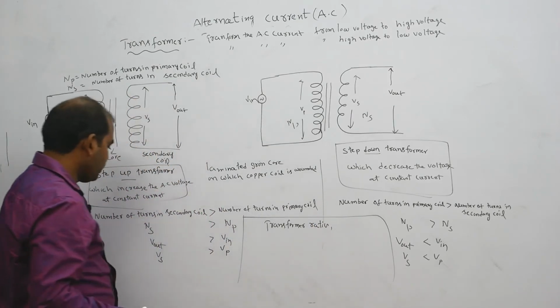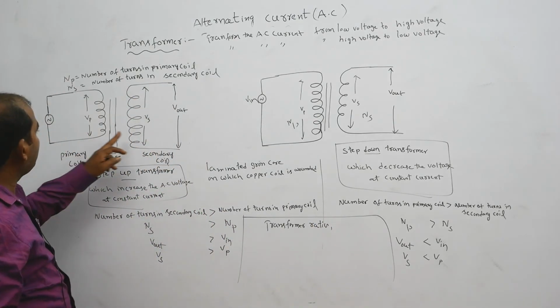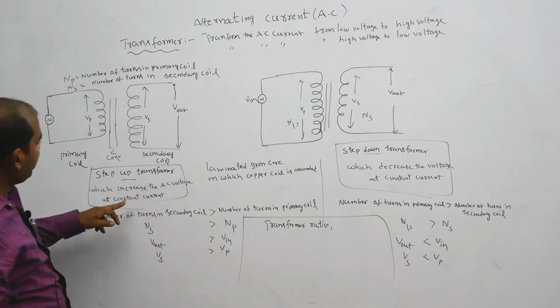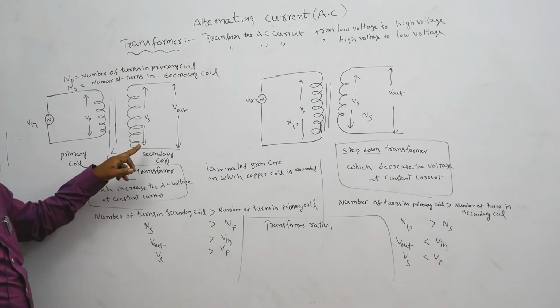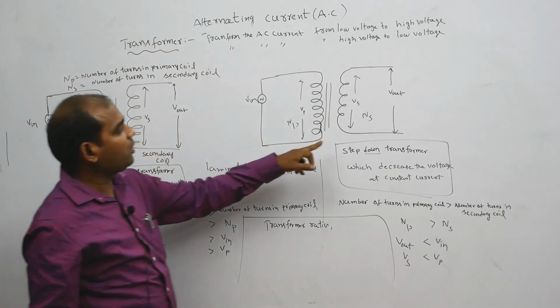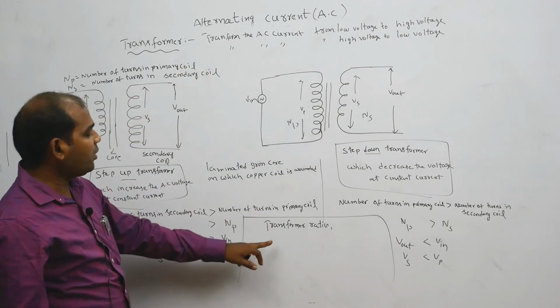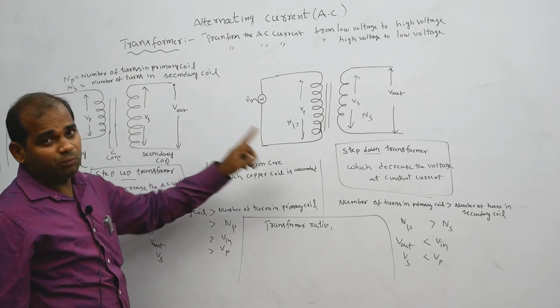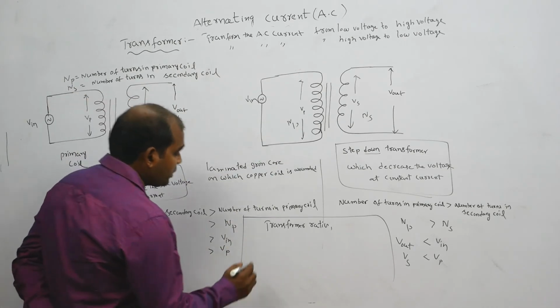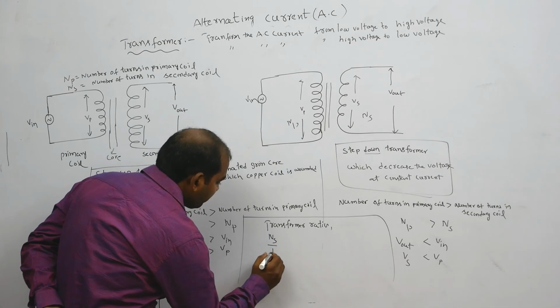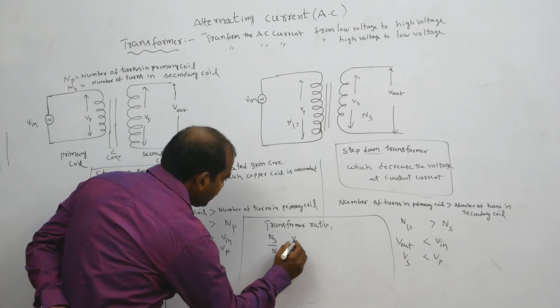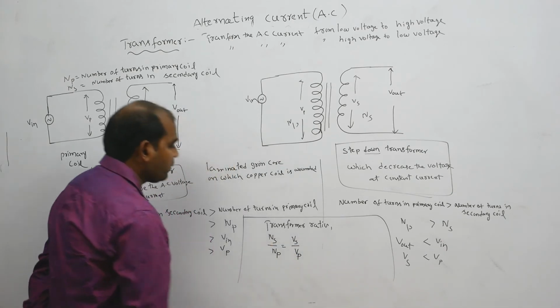We already discussed that the step up transformer increases the voltage and the step down transformer decreases the voltage. Based on that, a basic formula can be written which is applicable to both types of transformer. That is NS by NP is equal to Vs by Vp.